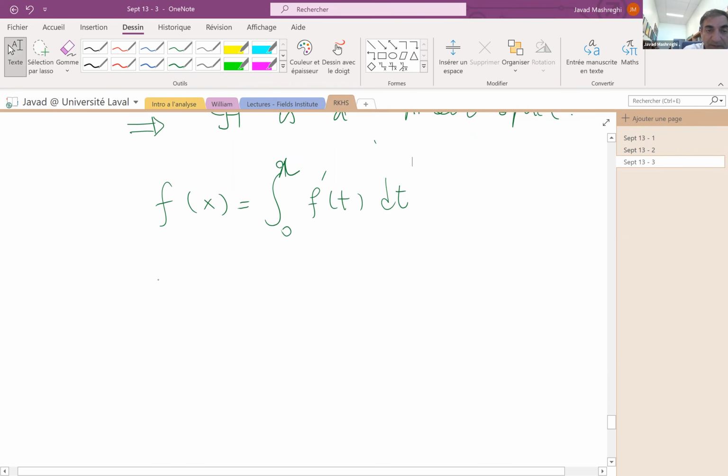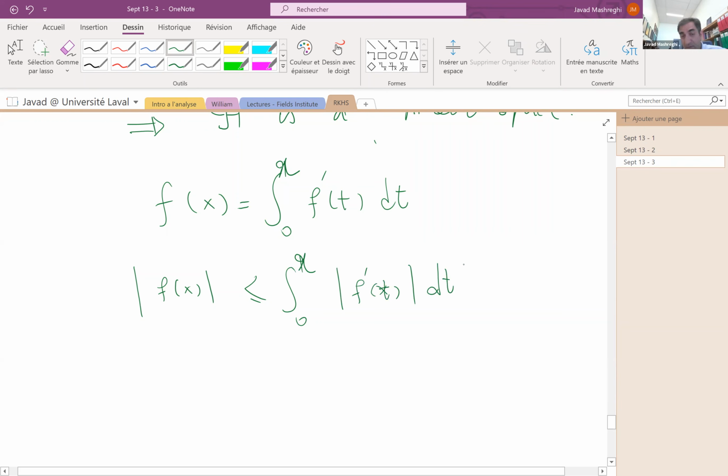Taking the absolute value, we have less than or equal to the integral from 0 to x of the absolute value of f prime. And then Cauchy-Schwarz again, with one function to be 1, the other to be the absolute value of f prime.